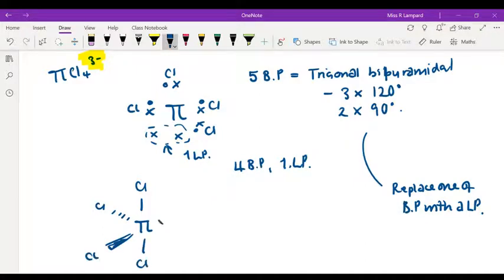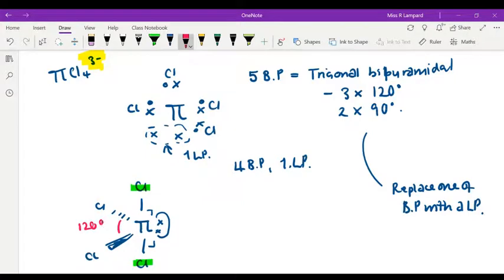and the bonding pair we're going to position there, because these two chlorines here that I just highlighted in green are only 90 degrees away from this thallium, whereas these chlorines around the edge are 120 degrees away from another.